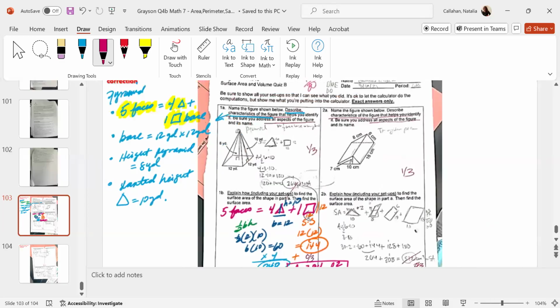Name the figure below. What figure is this? That is a triangular prism. Okay, and then this first part should be easy, just naming the characteristics, right? How many faces are there? 5 faces. Describe the shape.